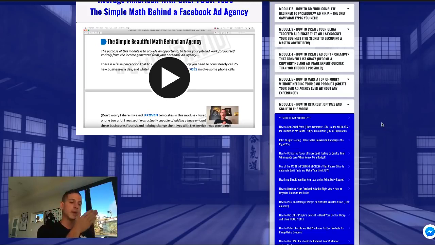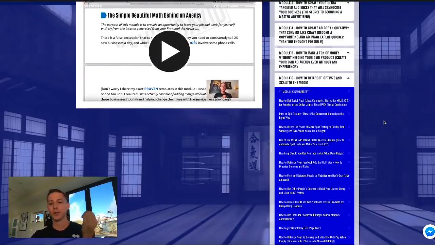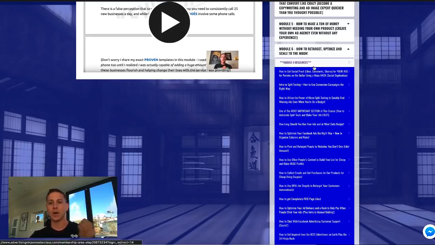So if you're spending $100 and making $500 back, then all of a sudden when you're spending $1,000, you're making $5,000 back, right? That's kind of the idea of scaling. And while it's not that simple, obviously, there are ways to do it if you understand how, right? And we go through exactly how to scale and optimize.